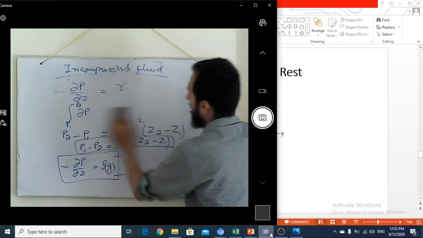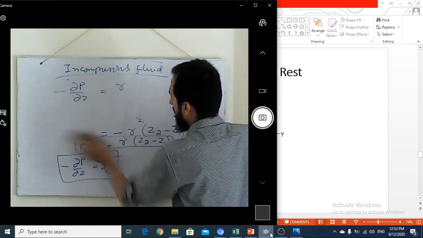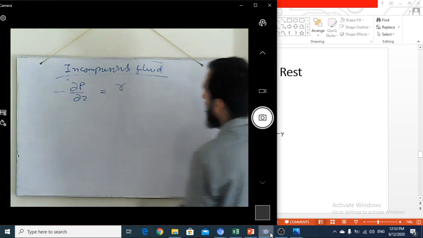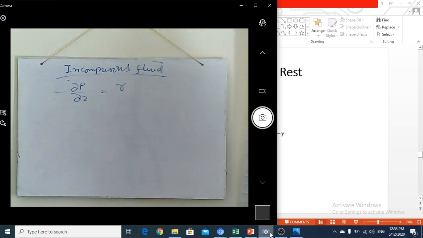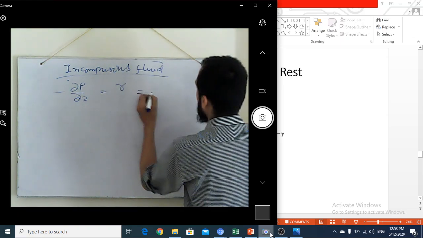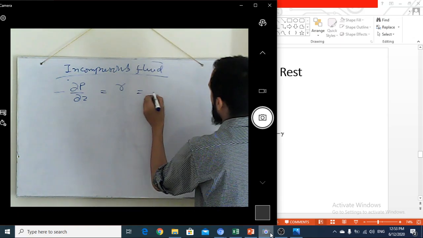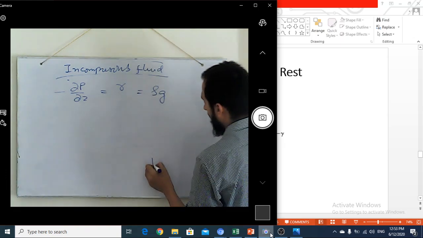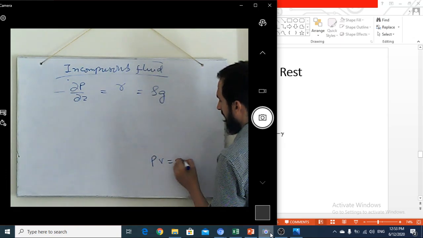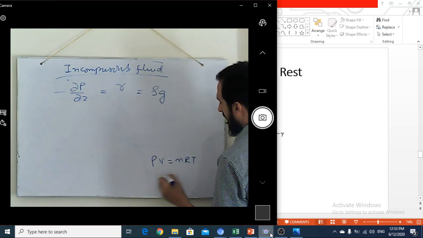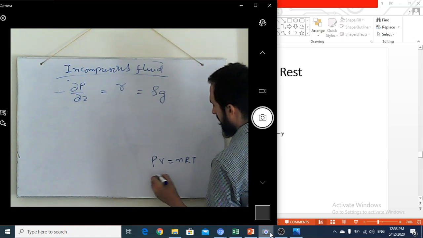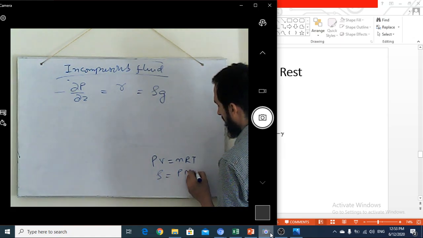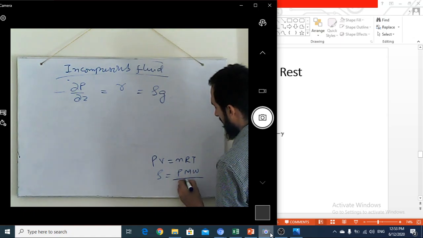Although for compressible fluid we know that their densities will change with the application of pressure, or we can say that their density is a function of pressure. So we will reduce it in the density form, and we know that PV is equals to nRT and rho is equals to P times molecular weight over RT.